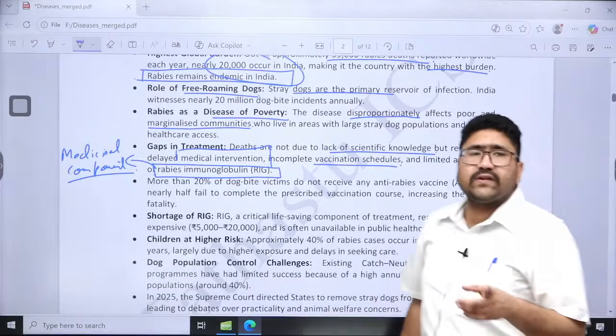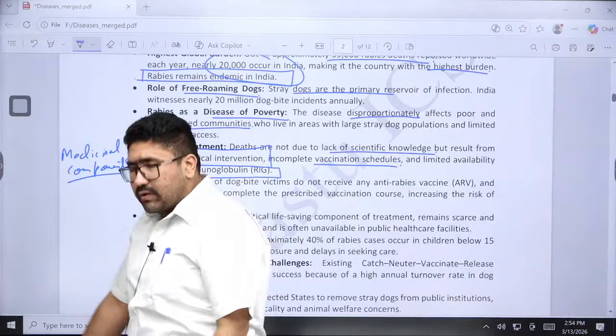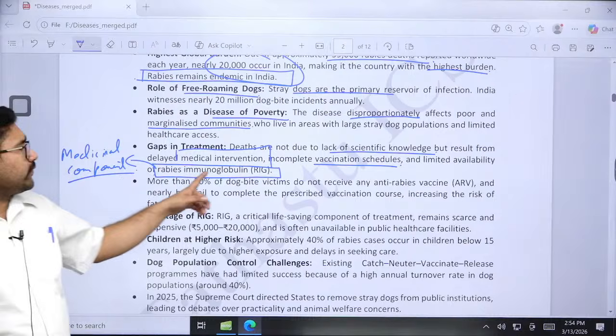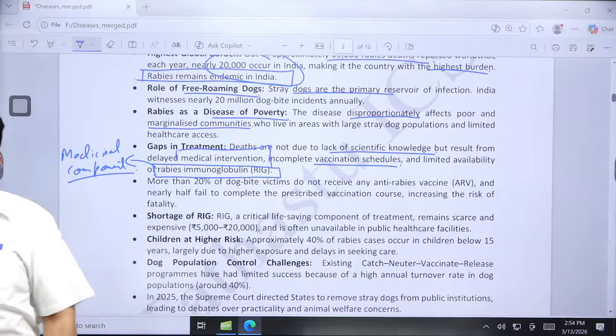So now the question for you to understand is: is the spreading of rabies dependent upon the population of stray dogs, or is it also dependent upon unavailability of treatment? Both play an equal role. Yes, there is the component of the stray dog population, but at the same time unavailability of the crucial medical component, RIG, is also responsible for increasing deaths due to rabies.